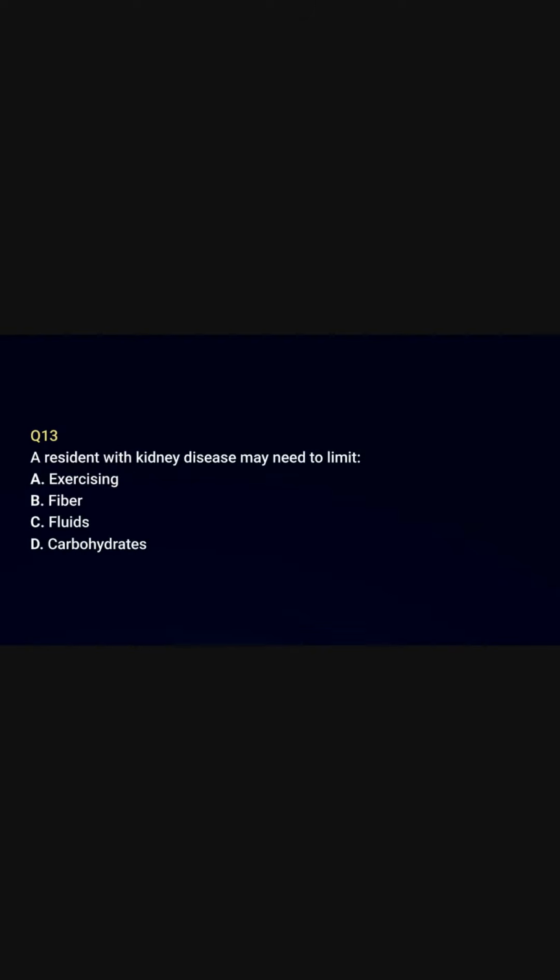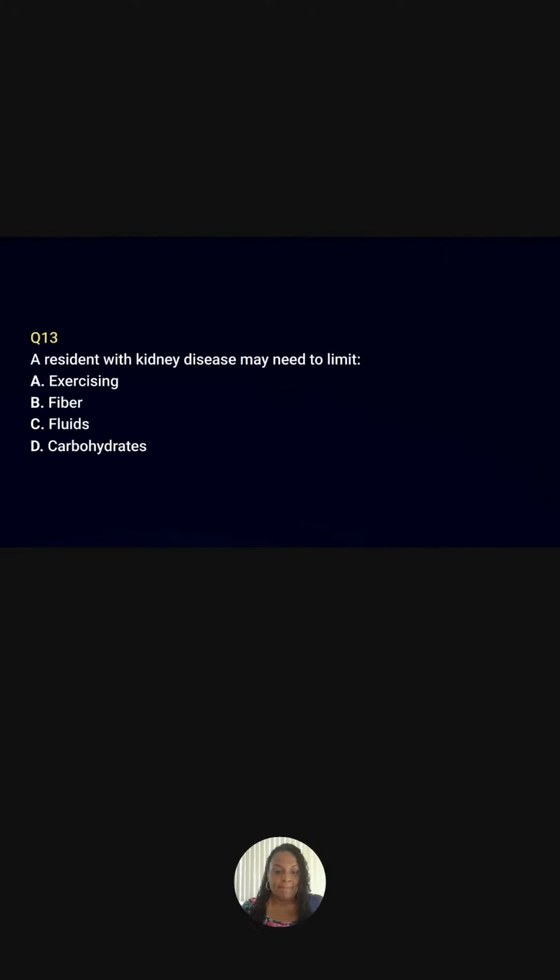Number 13, a resident with kidney disease may need to limit A, exercising, B, fiber, C, fluids, or D, carbohydrates. I know this one's tricky. Someone has kidney disease. Remember, I always talk about it.